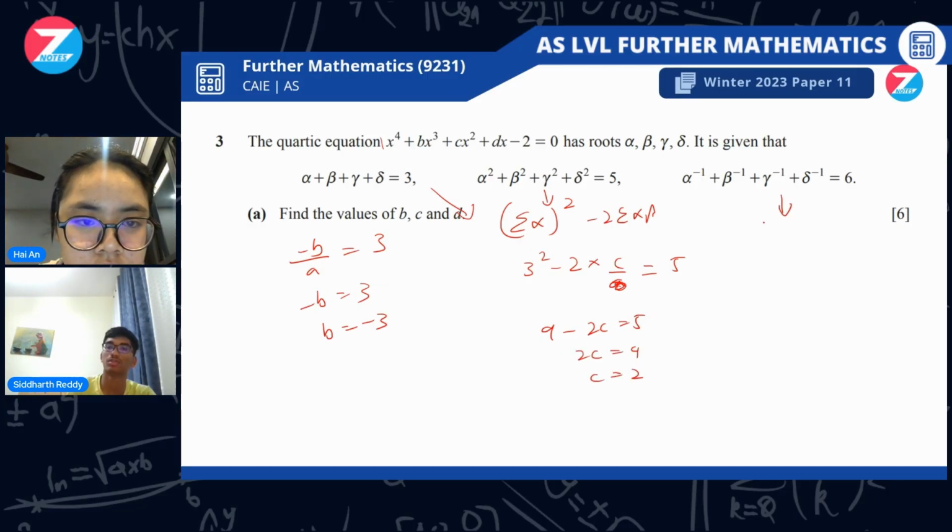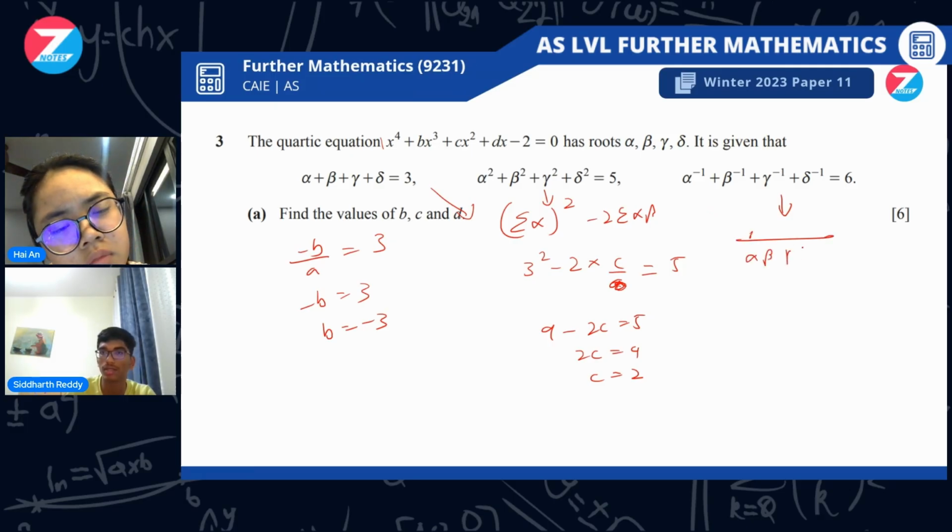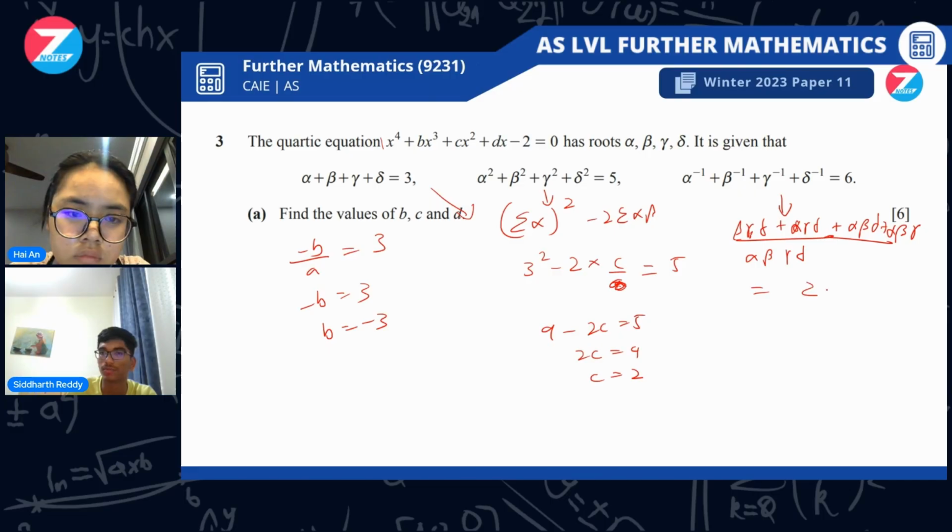And this one, when you simplify it, taking the common denominator, we have alpha beta gamma delta in the denominator, and in the numerator we have beta gamma delta plus alpha gamma delta plus alpha beta delta plus alpha beta gamma. So this is nothing but the sum of roots taken 3 at a time by the product of roots.